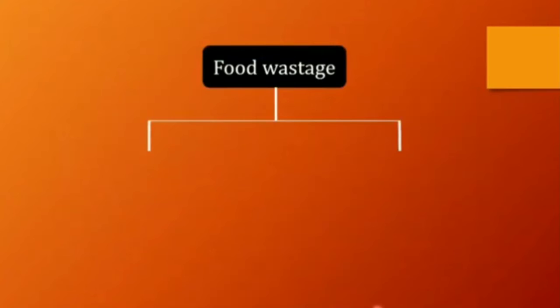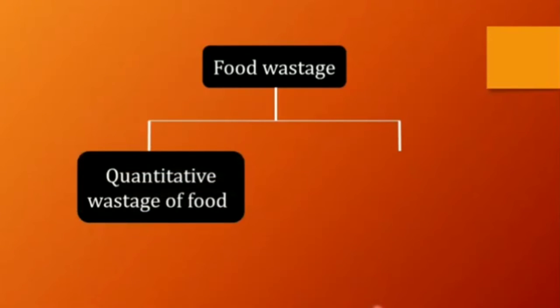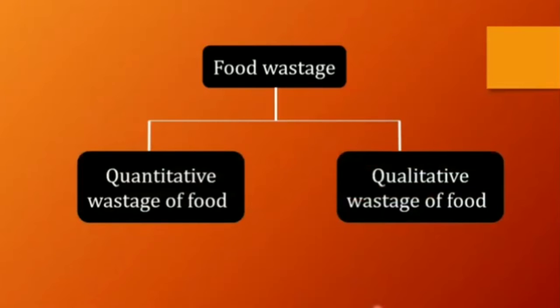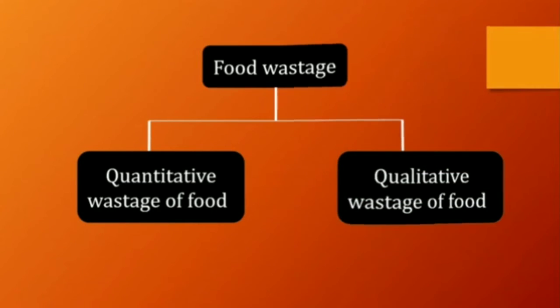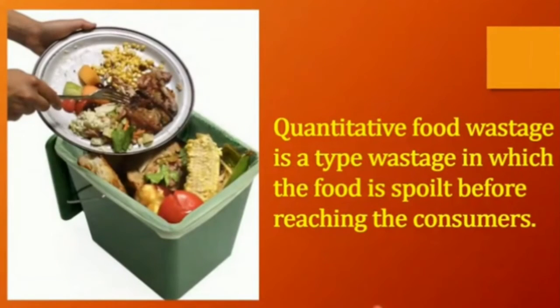Food wastage is of two types: quantitative wastage of food and qualitative wastage of food. Quantitative food wastage is a type of wastage in which the food is spoiled before reaching the consumers.